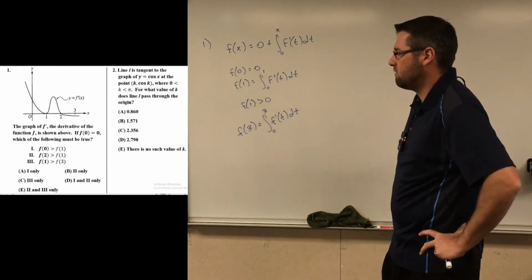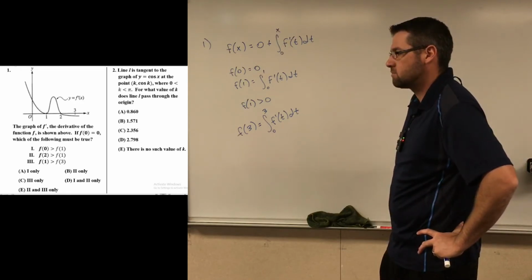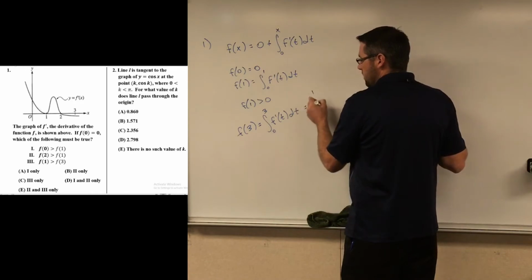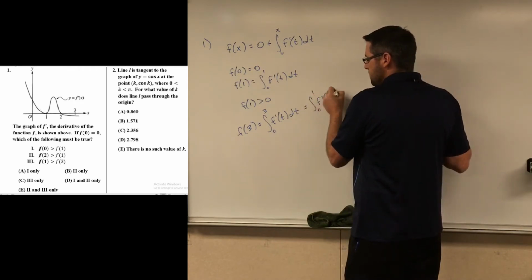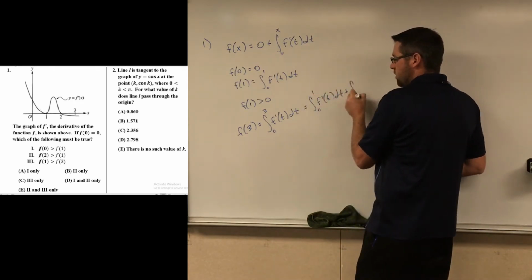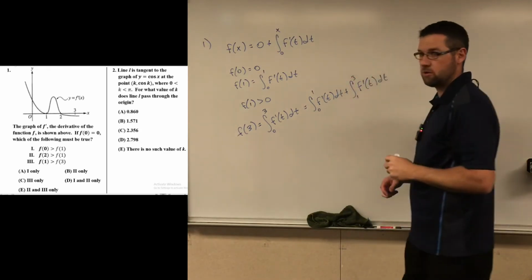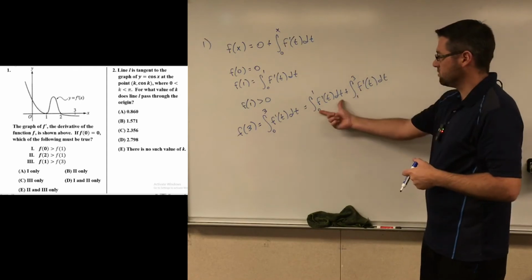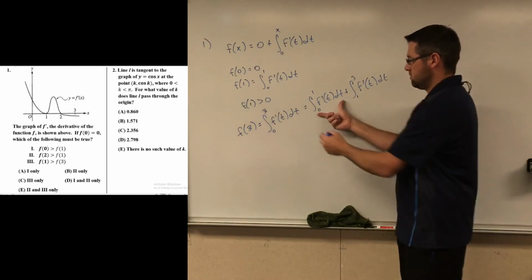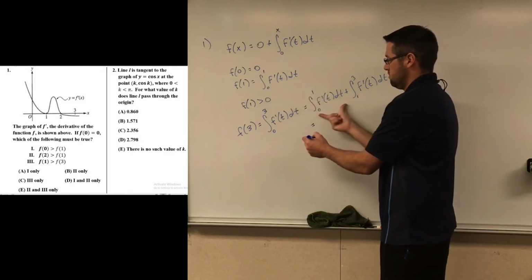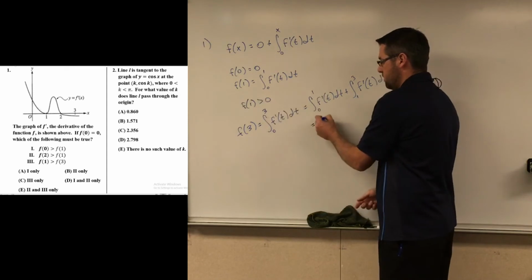We don't know, but I could argue this. Isn't this the same as saying the integral from 0 to 1 of f prime of t dt plus the integral from 1 to 3 of f prime of t dt? Agreed? Well, what was this one? What is it, though? It's f of 1.